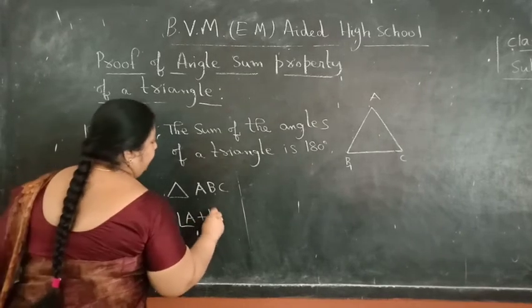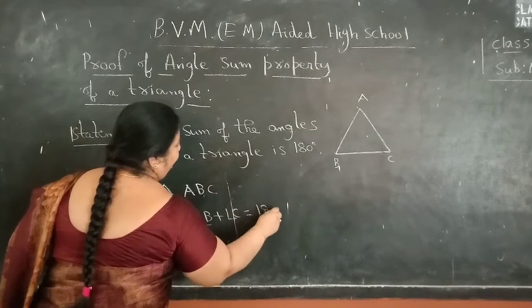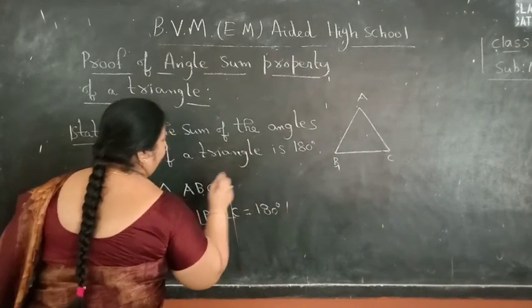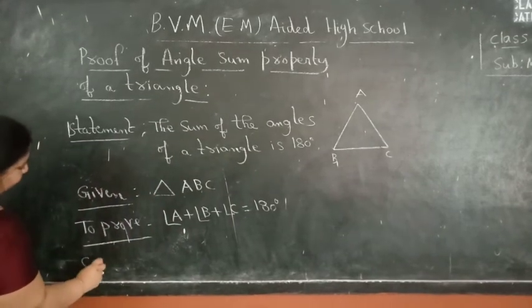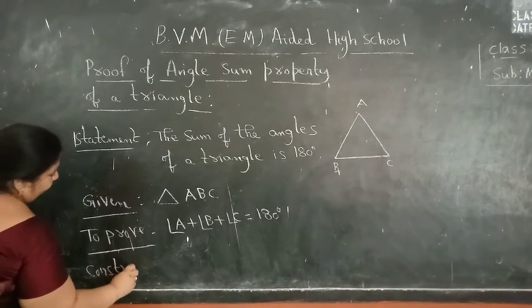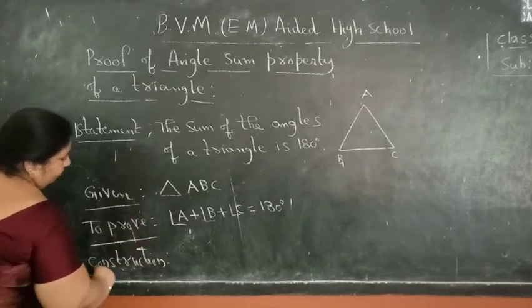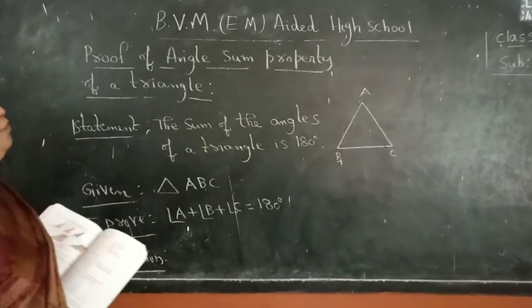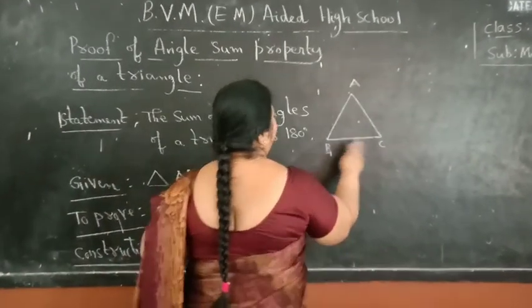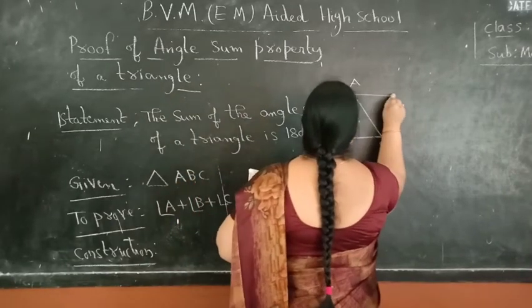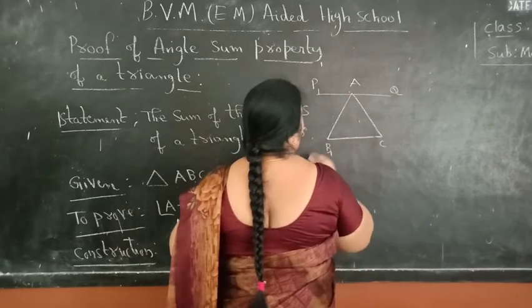To prove: angle A plus angle B plus angle C equal to 180 degrees. Construction: through A, draw the line segment PQ parallel to BC.